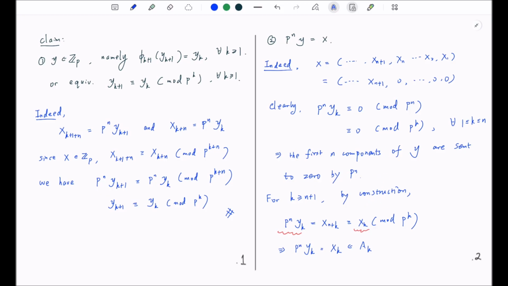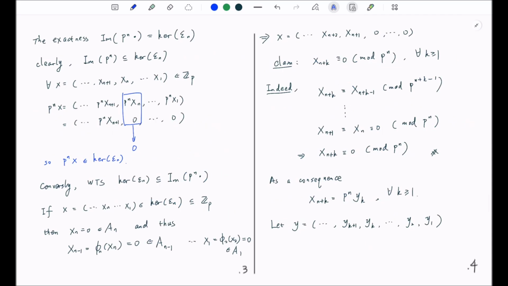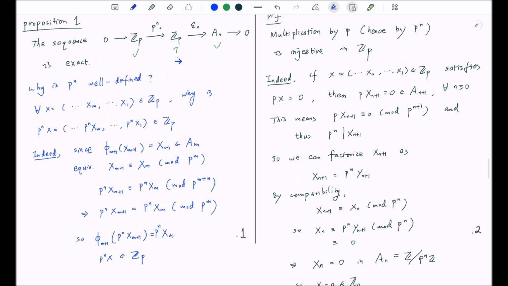Therefore, we have verified that for any component of y, if we multiply that component by p^n, it is always sent to the corresponding component in x, which means y is indeed a pre-image of x under the map p^n. And this finishes the verification of the exactness at this position. And thus, this completes the proof.